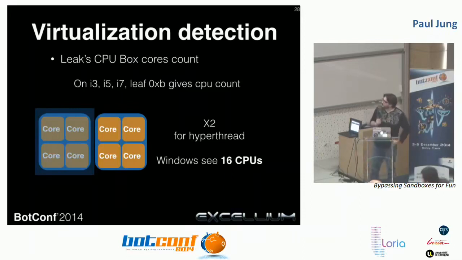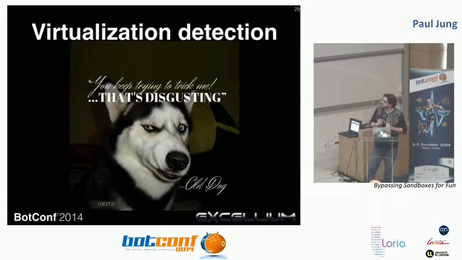We choose one, and we are able to tell if it's hypervised, if it's hyper-threaded, and how many cores it has. If the number here is strictly inferior to the number of CPUs that Windows sees, you are hypervised. For example, if you configure your Windows and tell it that you have two CPUs, the sandbox should be okay. But after that, if you take a look at CPUID, it may give you 1 core per CPU. So you are tricked.